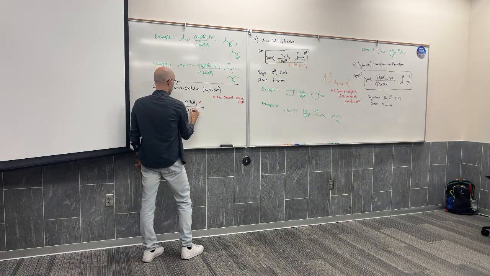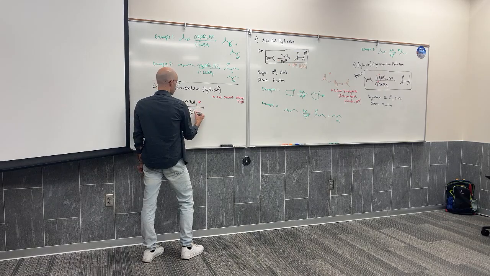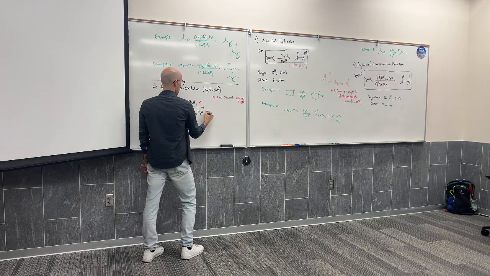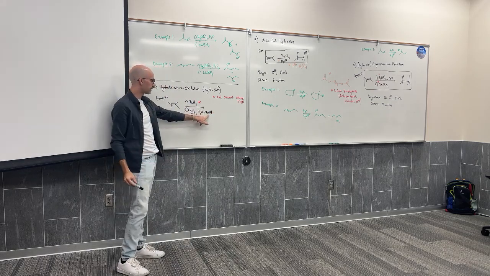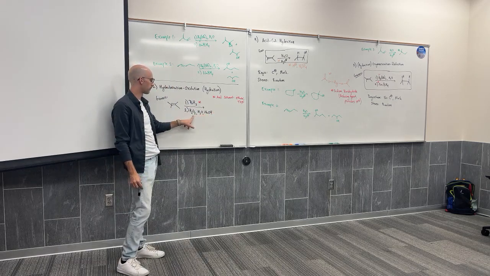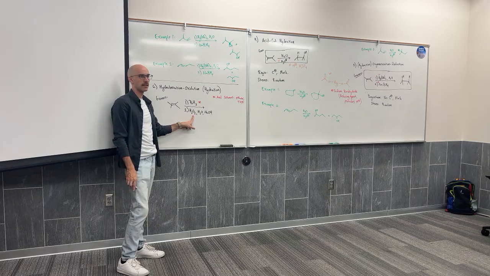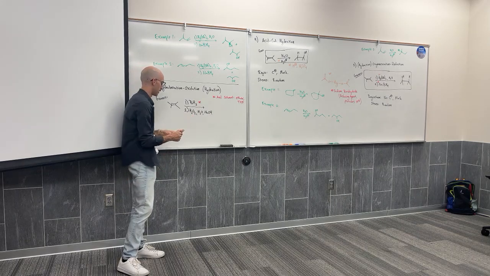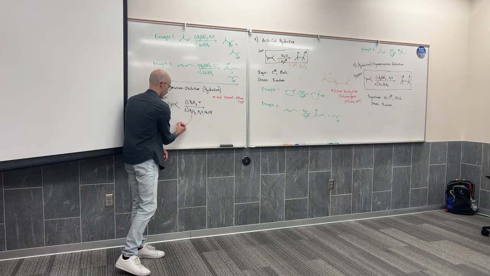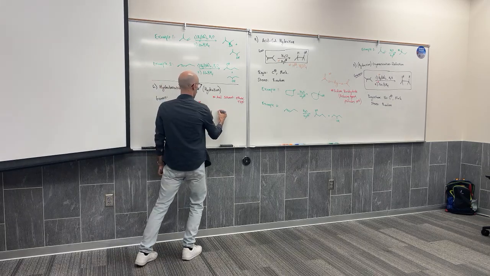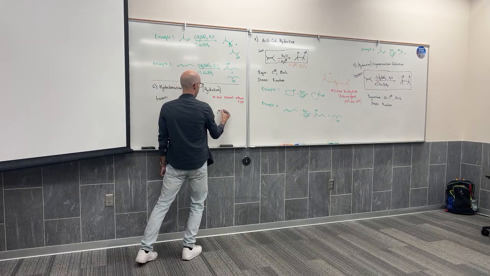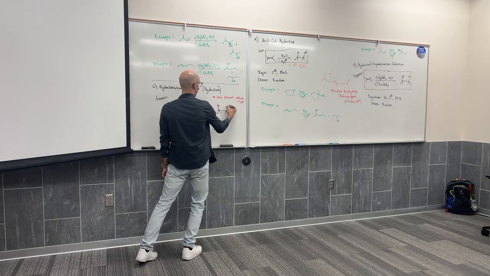Second, a basic aqueous solution of hydrogen peroxide. If you don't know already, hydrogen peroxide is an oxidizer. As a hydration reaction, this adds H and OH across the double bond.